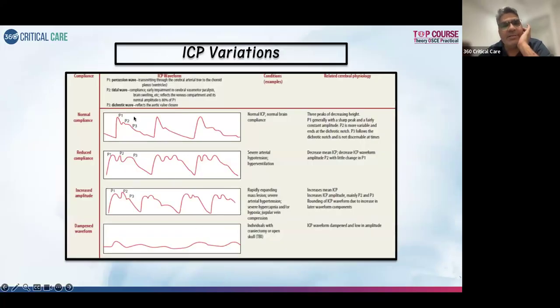Now different phases. This is normal, P1, P2, P3. Here, if you have hypotension, then your perfusion goes down and you can have some changes. But the most important one is this, where P2 becomes more than P1, where there is increased pressure in the brain, which can be due to a space-occupying lesion, bleeding, edema, etc. And this last one is where you don't have a skull.